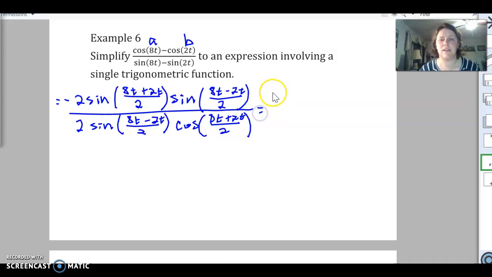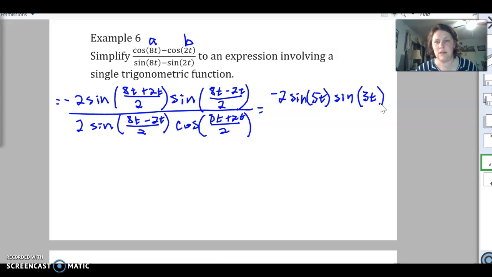Alright, now let's simplify these a little bit. So we have negative 2 sine of, what's that, 10 over 2, so 5t. And then sine of 8 minus 2 is 6, divided by 2 is 3t.